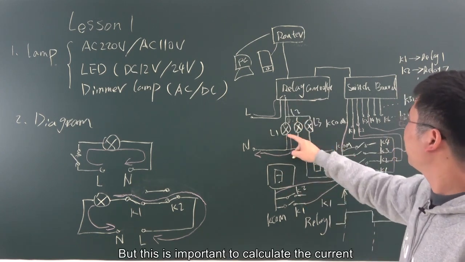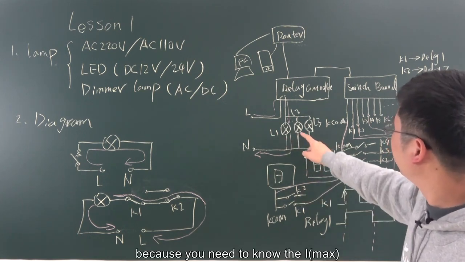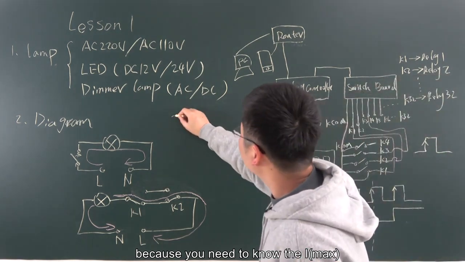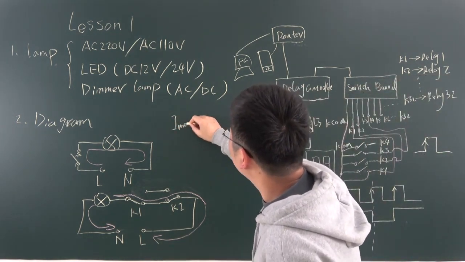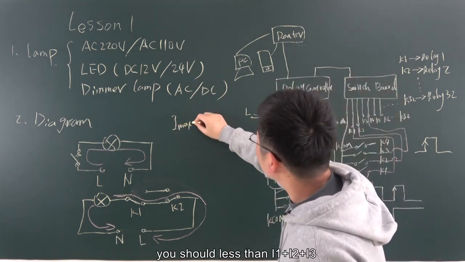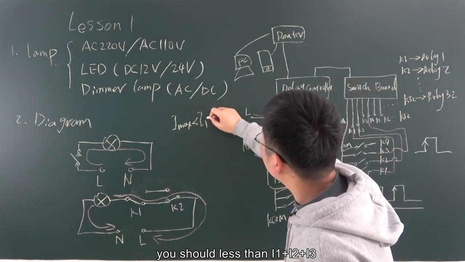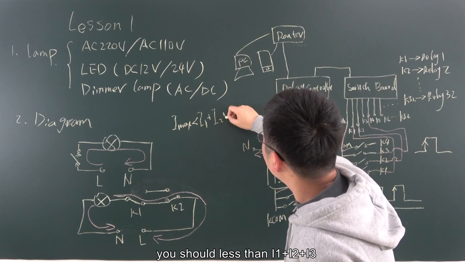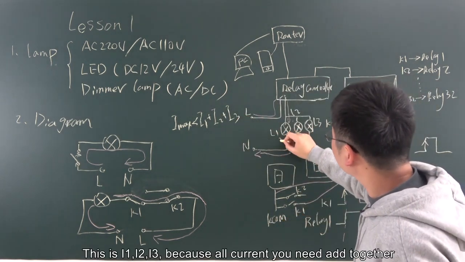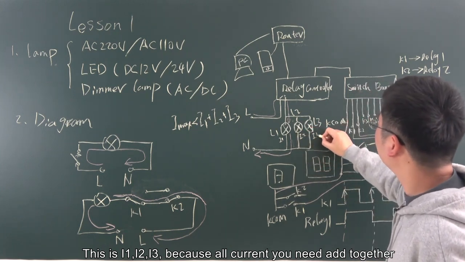But it is important to calculate the current, because you need to know the I max, the max current of relay 1. It should be more than I1 plus I2 plus I3. This is I1, I2, I3.